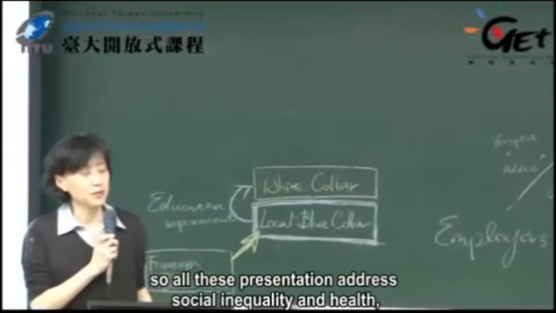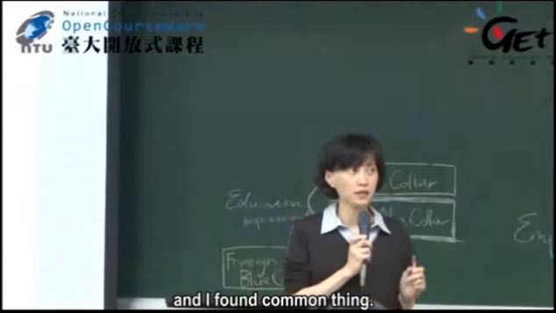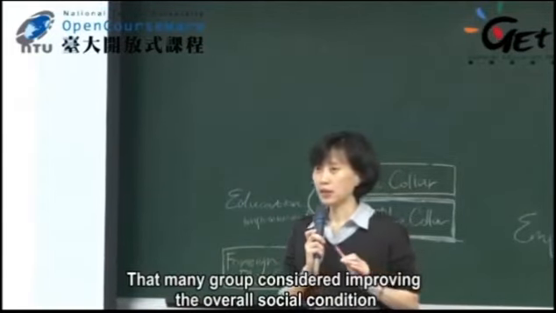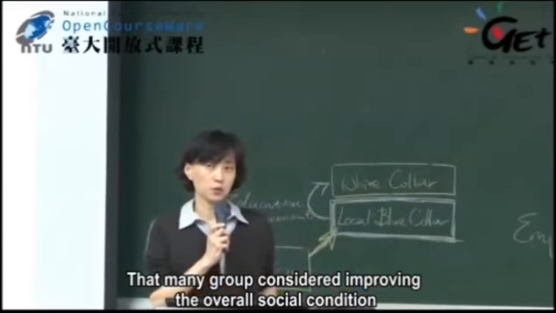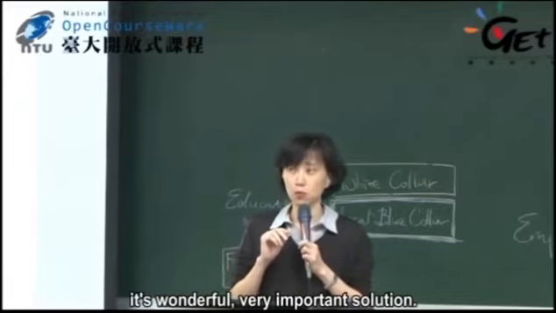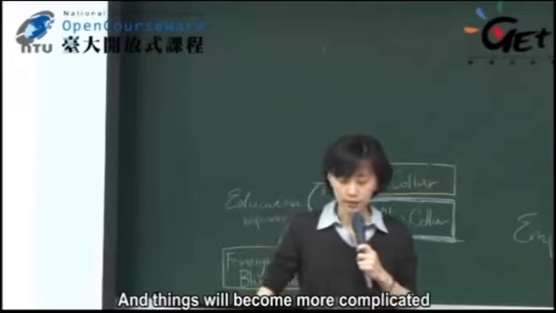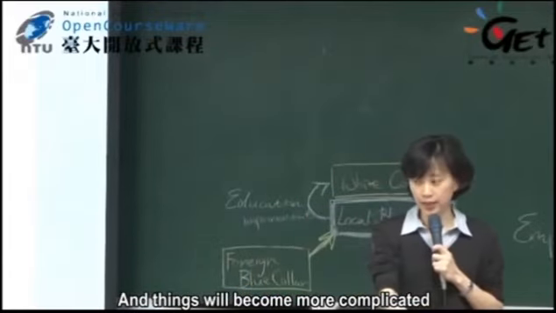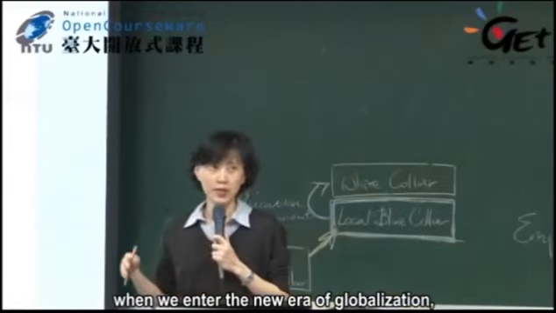So all these presentations addressed social inequality in health, and I found a common thing: many groups consider improving the overall social condition for the disadvantaged groups one of the very important solutions. And the thing will become more complicated when we enter the new era of globalization.